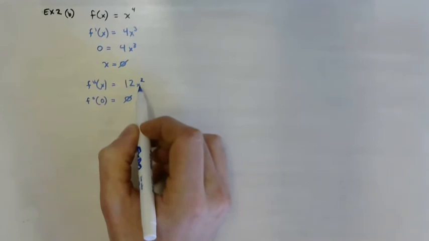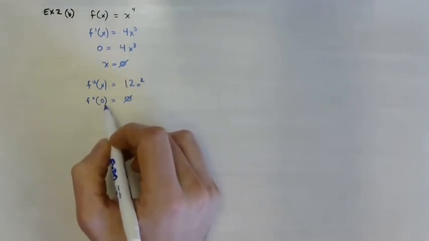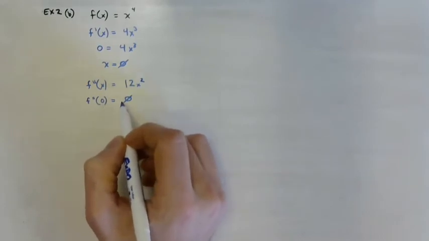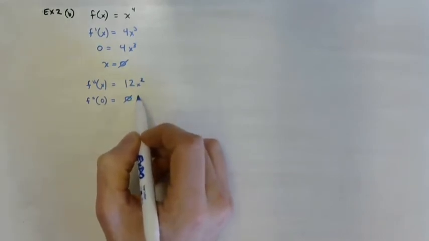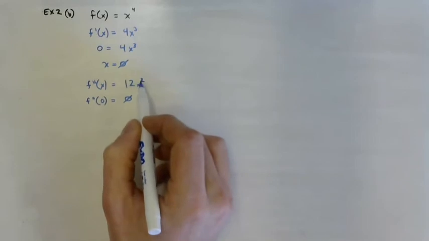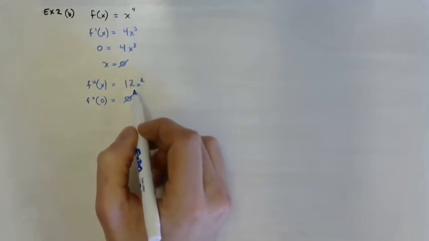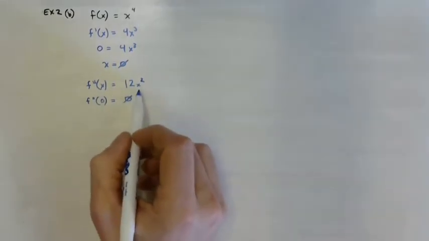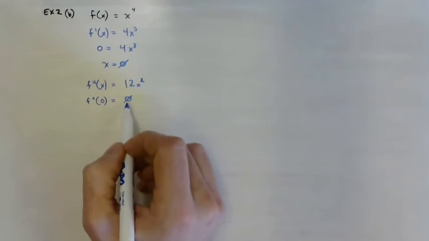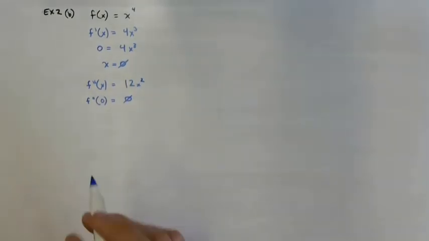There is no sign change, which means there is no change in concavity at this point. So this function is always concave up. There's no change in concavity because it's always positive. This thing is always going to be concave up because f double prime of x is always greater than or equal to 0. I'm going to write some of that down.